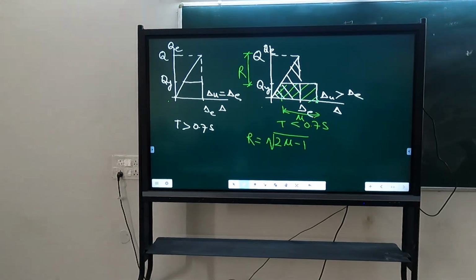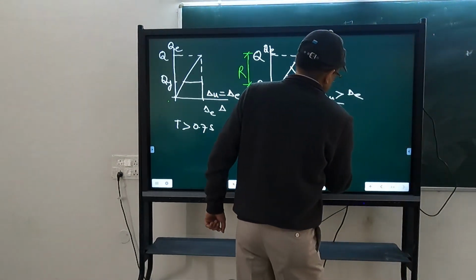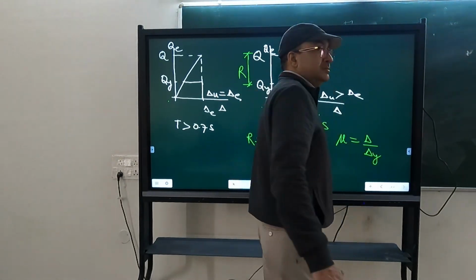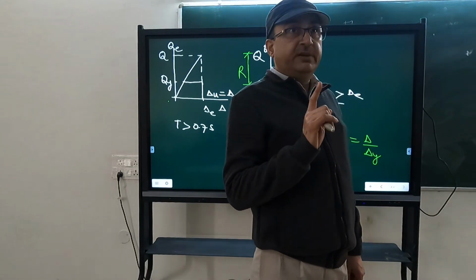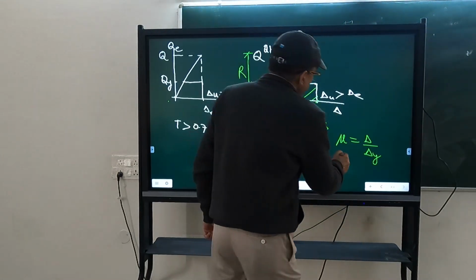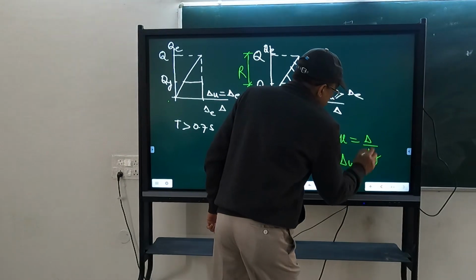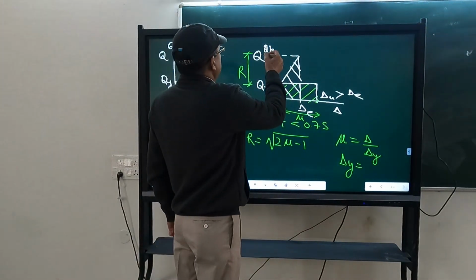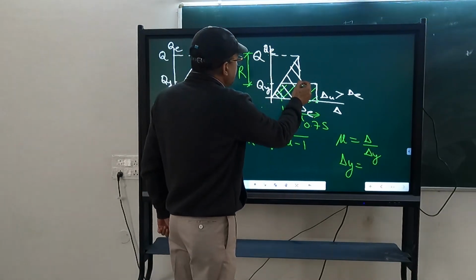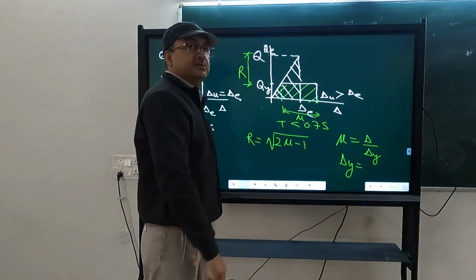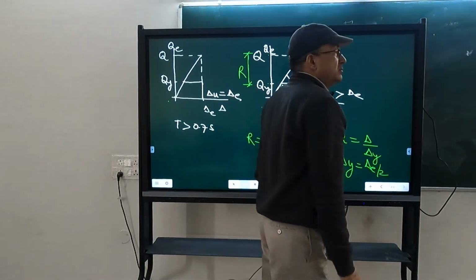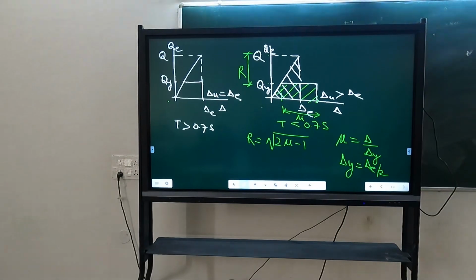Keep in mind mu is delta by delta y, not delta by delta E. But you can calculate delta y in terms of delta E. How much is that? It is a similar triangle. So the ratio of QE and QY is the same as the ratio of delta E and delta y. So delta y will be delta E by 2. It's geometry. It's not structural engineering.